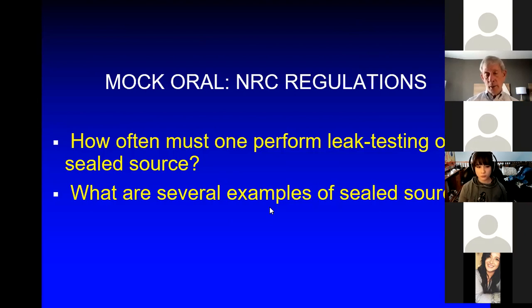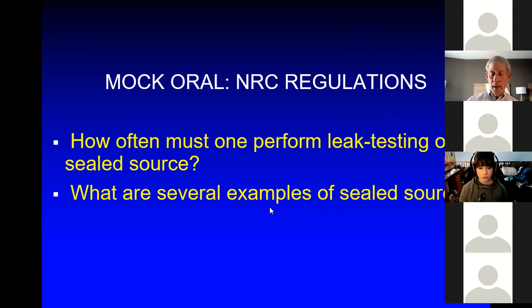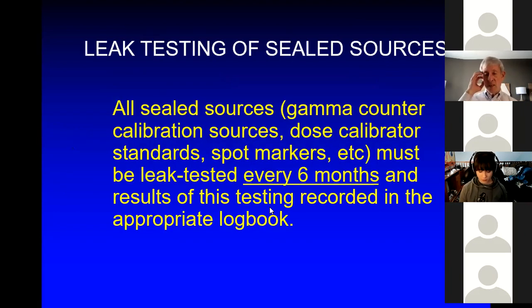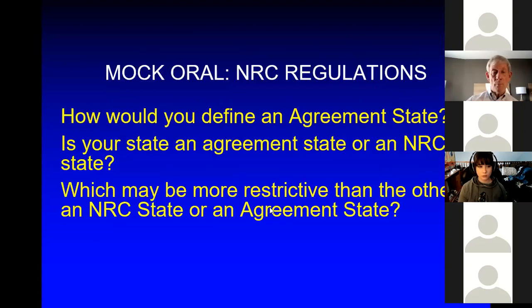Is it quarterly, semi-annually, annually, or monthly? Semi-annually, 6 months. Good. That's the only thing we do semi-annually, is leak testing every 6 months. And this lists some of the sealed sources here. Calibration source, dose calibrator, spot markers, all those have to be checked.